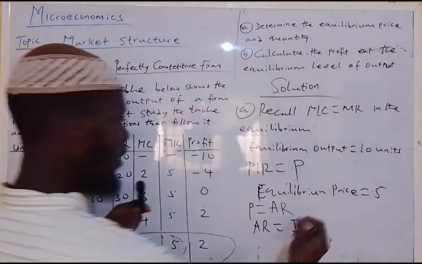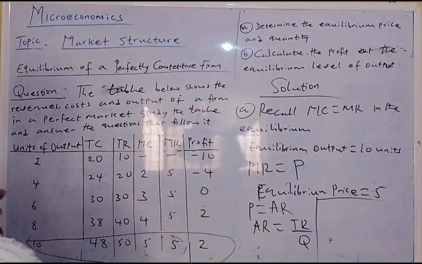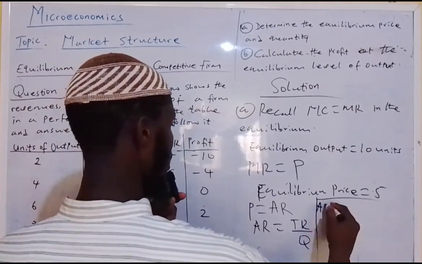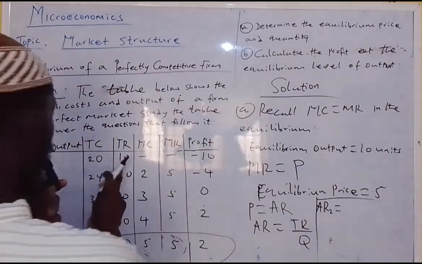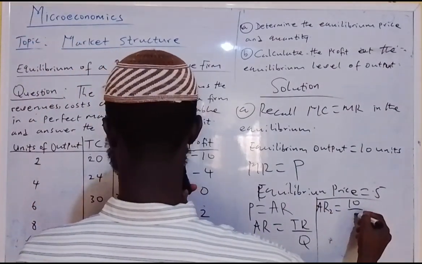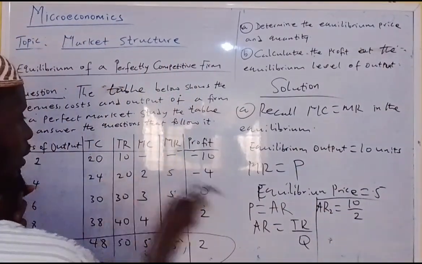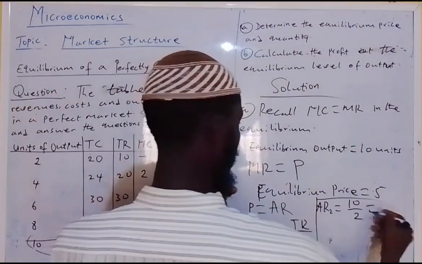If I start determining my average revenue at each level of output, for example at output 2, my average revenue will be 10 divided by 2, that is total revenue divided by Q. So that will be 5.